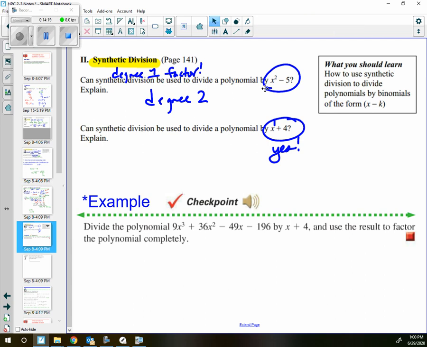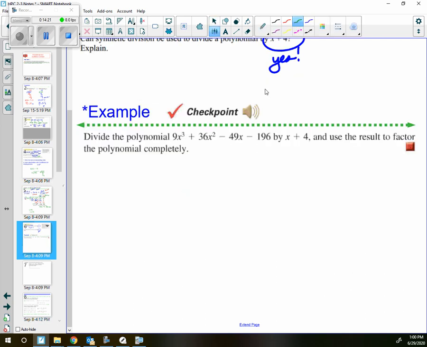All right, so let's take a peek and then we're going to practice it as well. Divide this polynomial, a degree 3, by this, and use the result to factor the polynomial completely. So first of all, can we use synthetic division to do this? Well, yes, because this is degree 1. We could do long division if we wanted to, and we absolutely could.